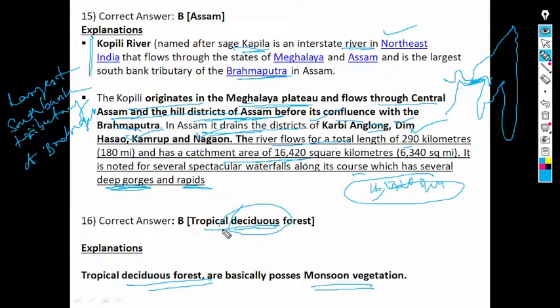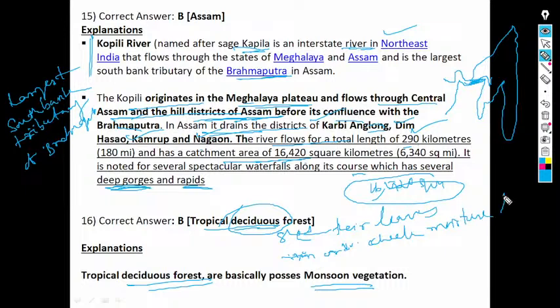Deciduous means the trees shed their leaves, shed their leaves in order to check moisture loss, basically moistureless in dry season.